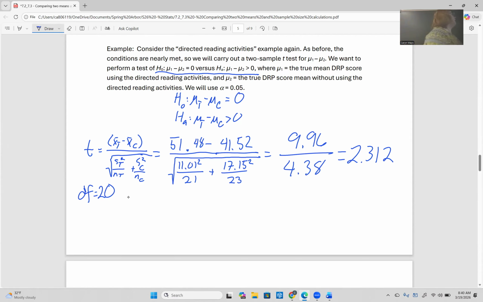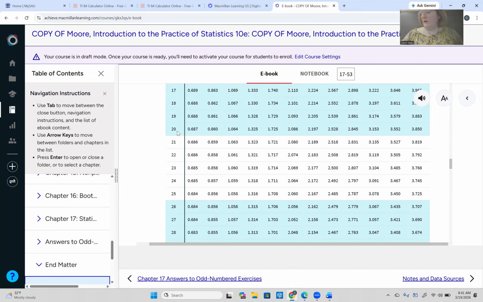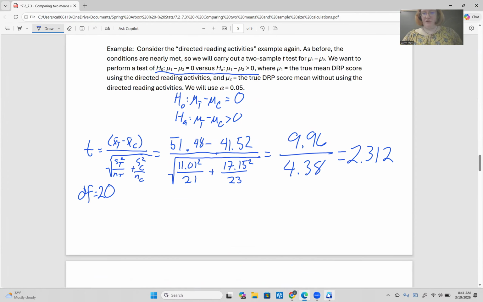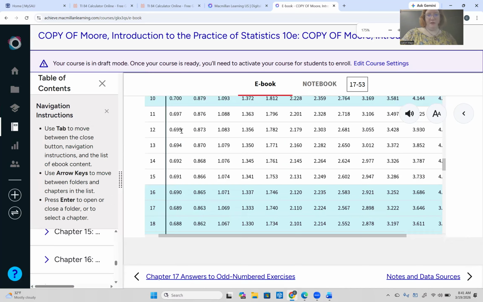And I want to re-talk through the non-technology based way of finding a p-value. We go to that degrees of freedom row, 20, and we find where 2.312 would fall. 2.312 in row 20. I'm trying to make that bigger.